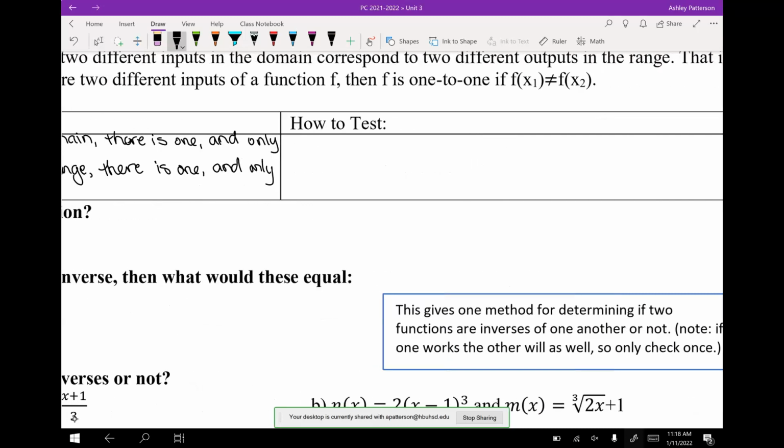So first, it has to pass the vertical line test. This proves that it is a function, and it has to pass the horizontal line test.